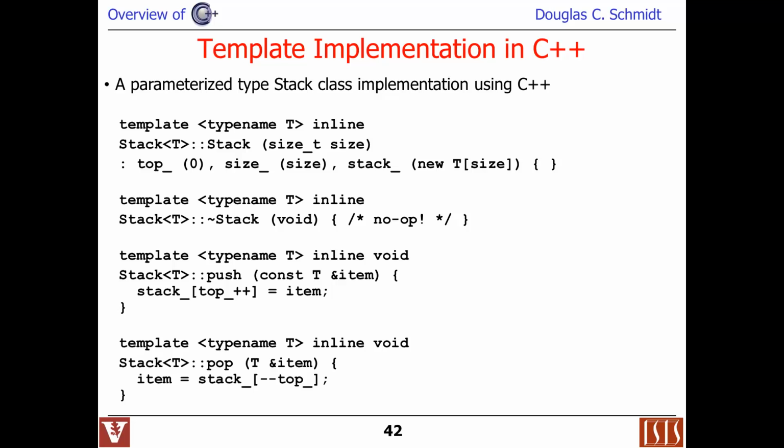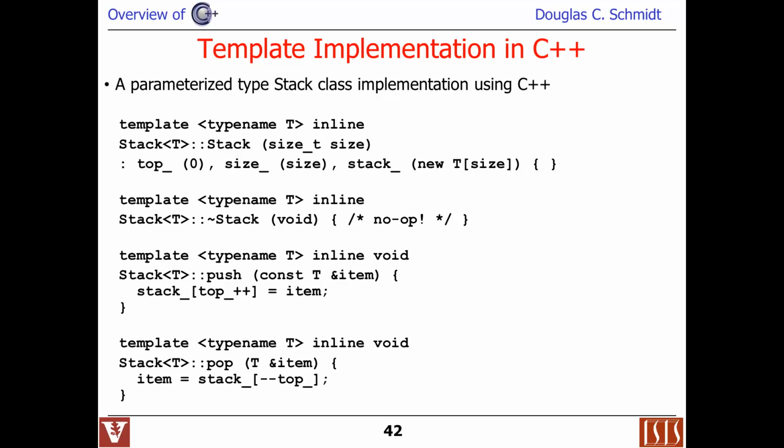Here is the great thing about templates. Templates work best when the algorithms that you write for your data structures, or your containers, to use an STL-like word, are orthogonal, which is just a fancy way of saying independent, of the types of the data that they work on.